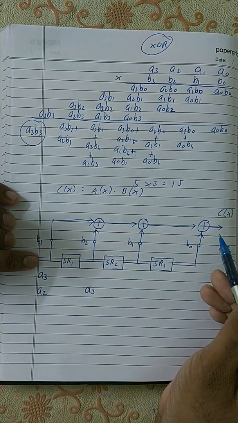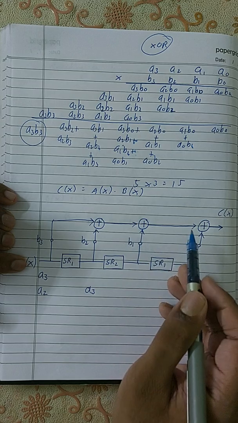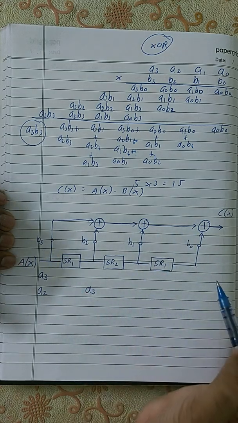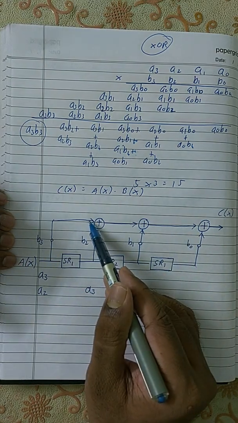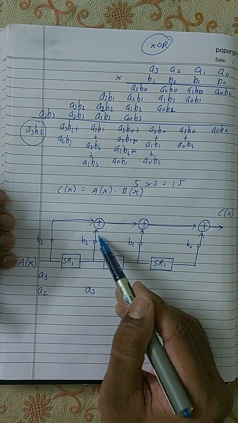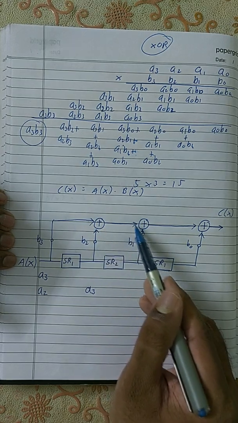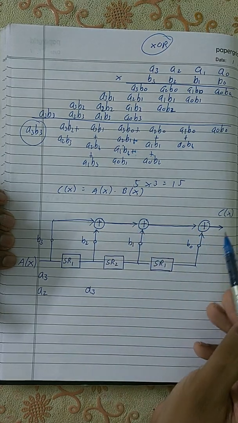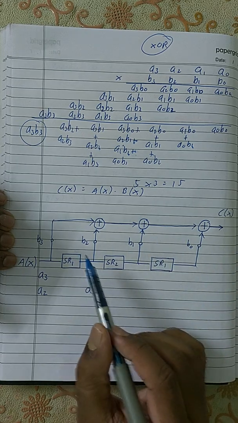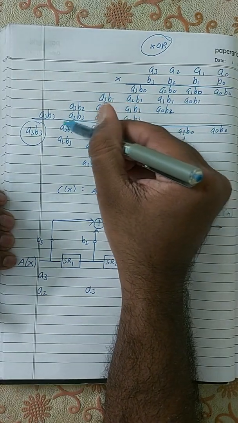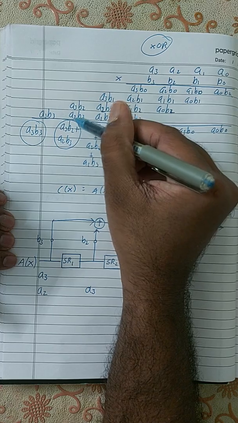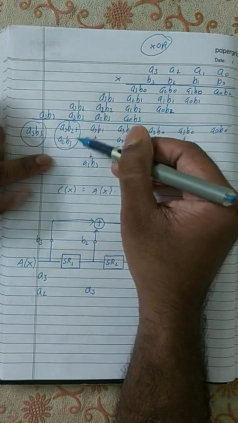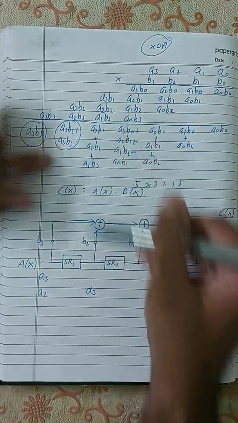Your output value will become A3 B2 plus A2 B3, because here you will get A2 B3, and here you will get A3 B2 plus 0 plus 0 plus 0 plus 0. Therefore, you will get the second highest order coefficient, that is A3 B2 plus A2 B3.